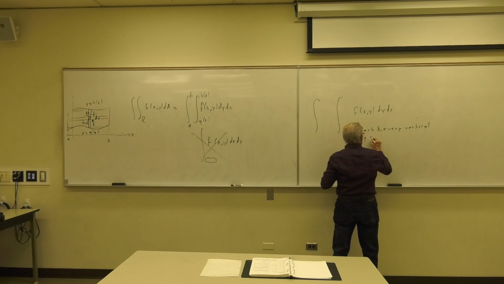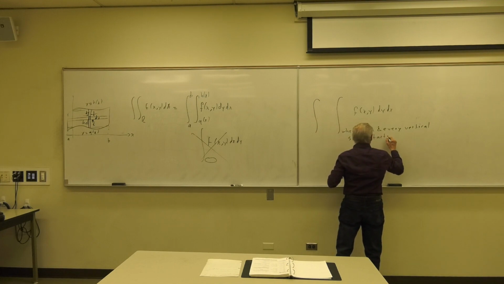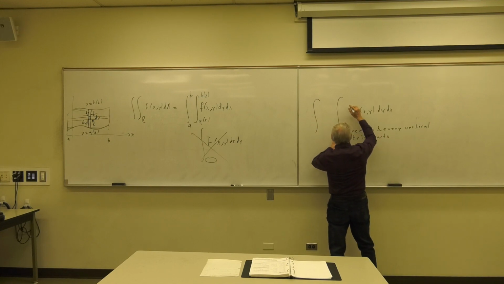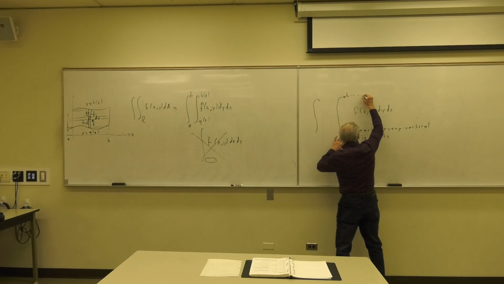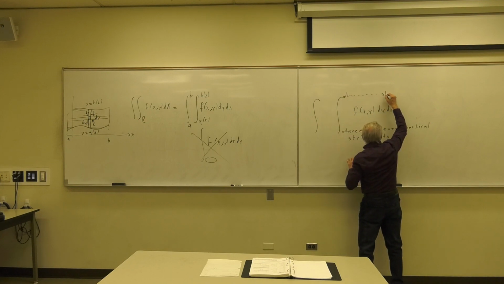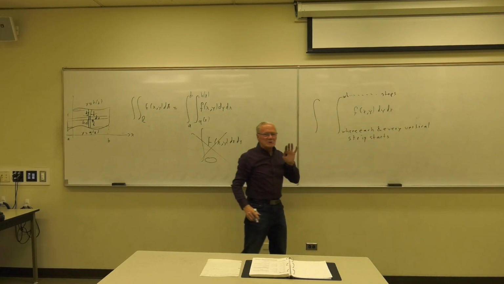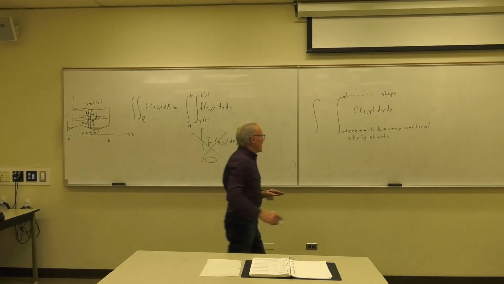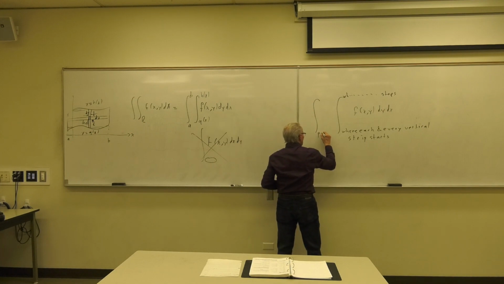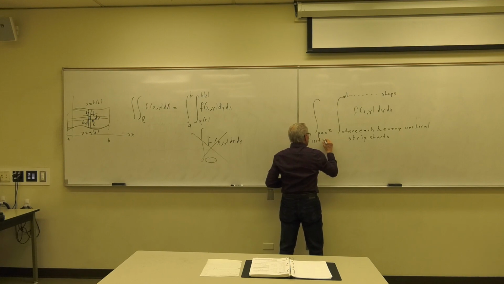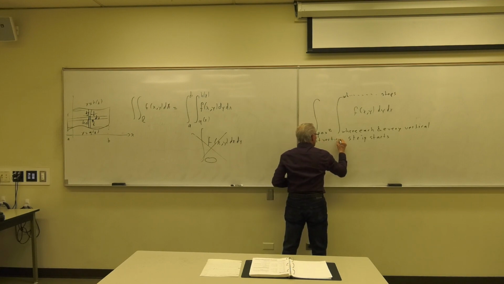Vertical strip starts. That's your interpretation for this limit. Up here, where each and every vertical strip stops. Outer limit, position. First, vertical strip.